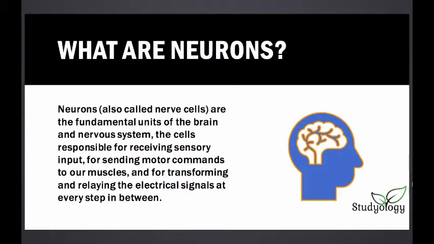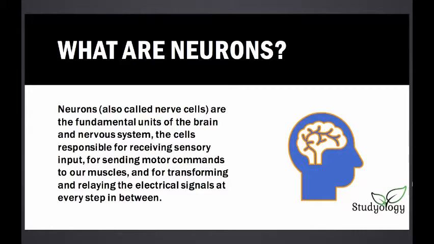So, what are neurons? Neurons, also called nerve cells, are the fundamental units of the brain and nervous system. We've learned in session 1 about cells, which are the fundamental units of life. So, neurons are the fundamental units of the brain. That is what makes the brain and the nervous system.